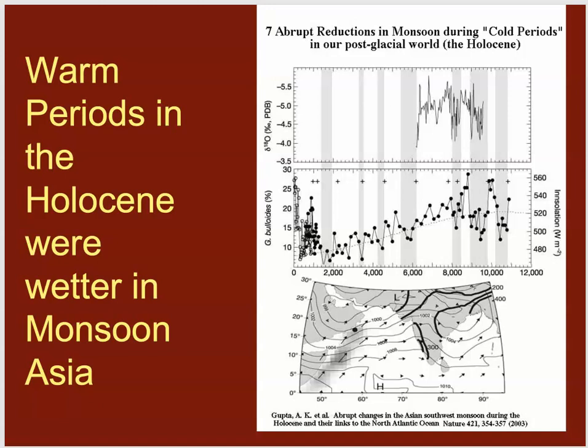So to do this, they looked in caves, and they looked at other records to see the relationship of cold periods, warm periods, wetness, and dryness in this region. And they concluded that it was the warm periods in the last 10,000 years, what's called the Holocene, that were wetter in this region.